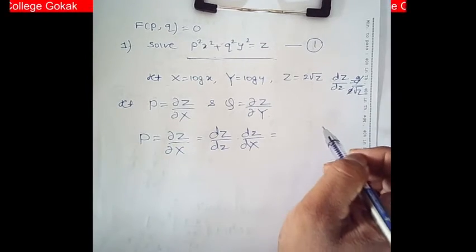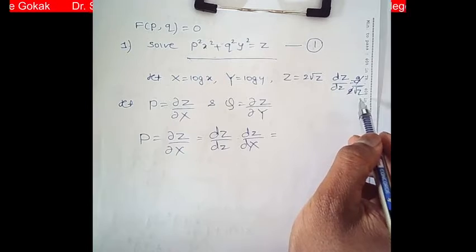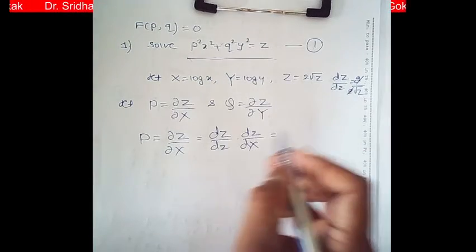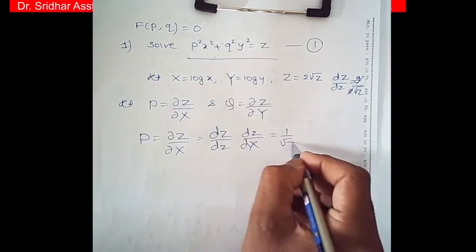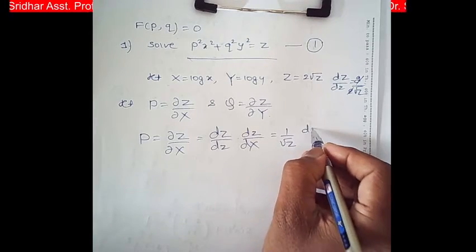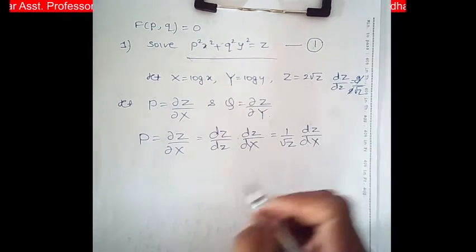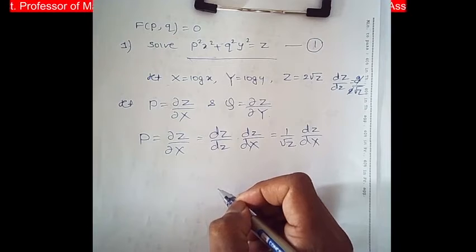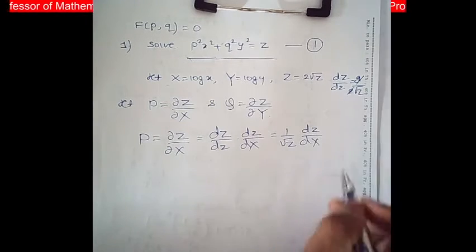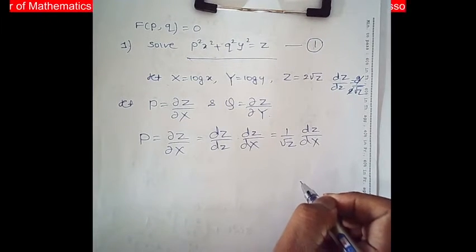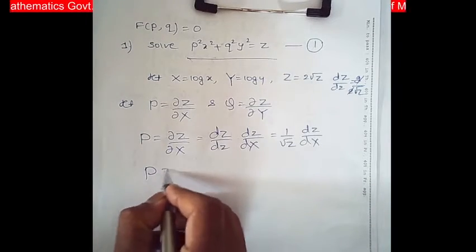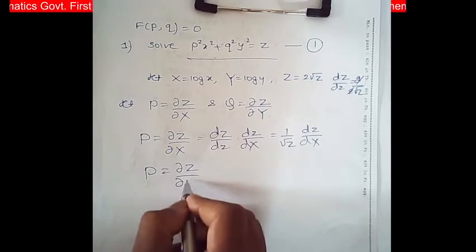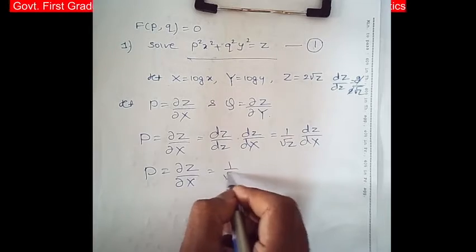So 2 gets cancelled, it becomes 1 by root z. So this is equal to 1 by root z, then this is dz by d capital X as it is. Okay, so now again, therefore this is equal to dou z by dou X, this is 1 by root z.